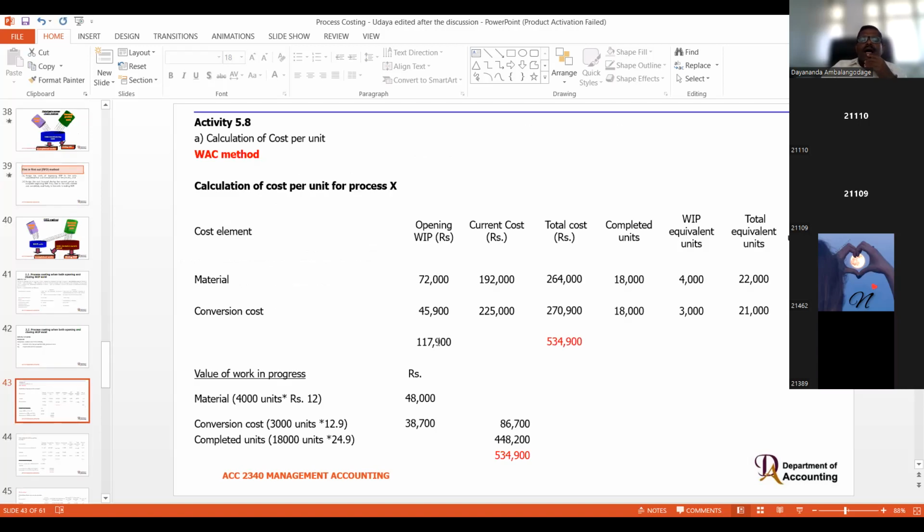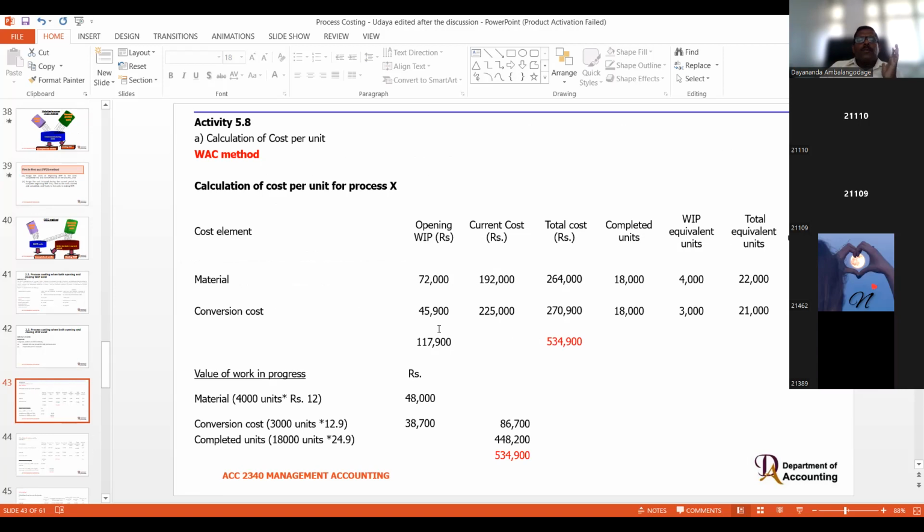So this is a basic answer for this. Of course, you see that in this answer there are two items which are very important: opening WIP and current cost, total cost, completed units, equivalent WIP, total WIP.